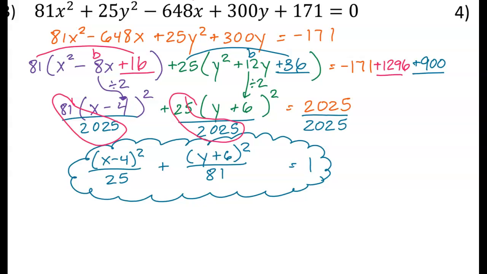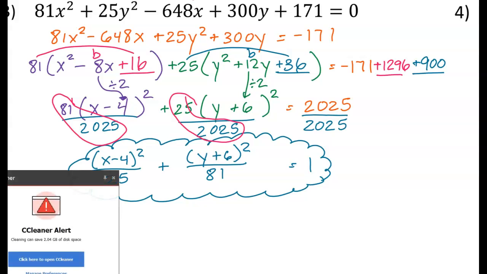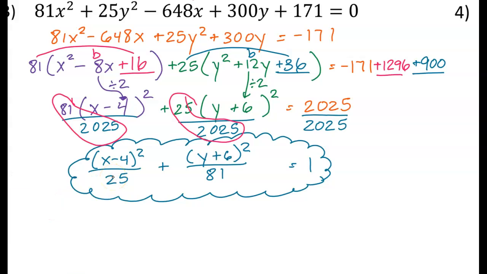Yes. And I'm just saying the nice, satisfying part of this is you should always, if you did it right, end up with the other coefficient as your denominator. That's why I'm saying you should be checking your work.